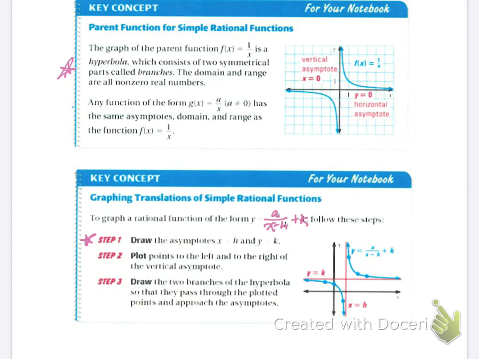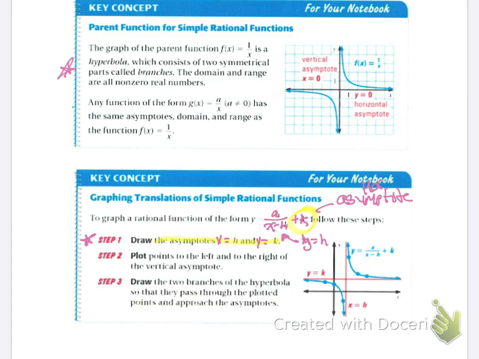All right, so step 1, draw your asymptotes. That's your x equals your h value, your y equals your k value. So again, just like when we did exponential functions, this value here is your horizontal asymptote. To get the vertical, you're going to set this one equal to 0.